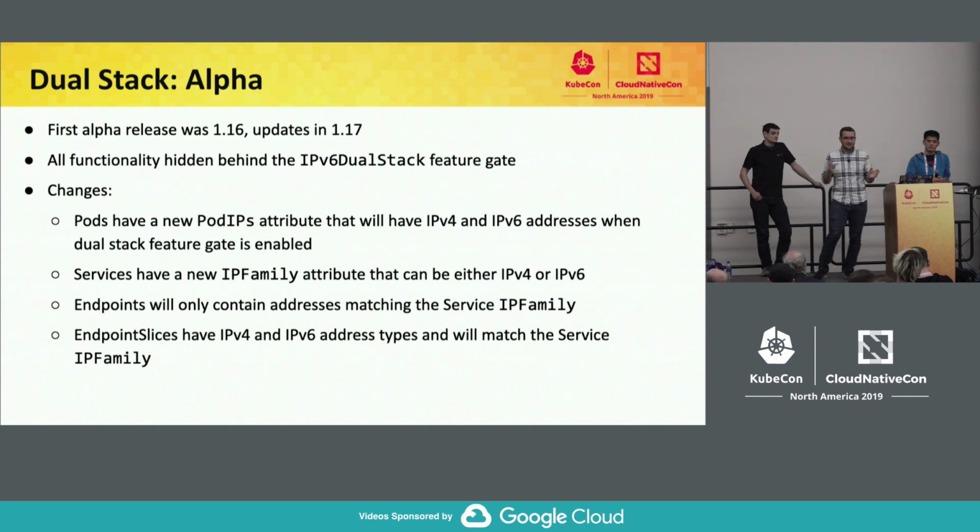Services have a new IPFamily attribute that will either be IPv4 or IPv6. Endpoints will contain addresses matching only the service's IP family, and endpoint slices will behave similarly, but they also have IPv4 and IPv6 address types that add an extra layer of validation there.